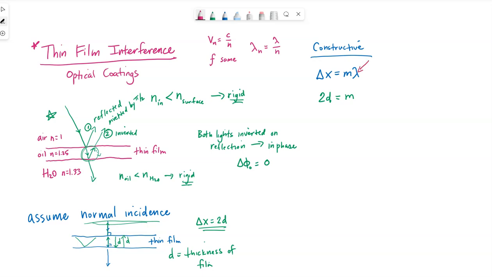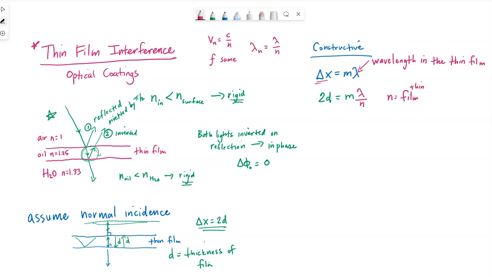In our equation, this wavelength needs to be the wavelength the light has in the thin film, the wavelength it has while it is traveling this extra distance. And so I'm going to go ahead and put lambda over n here, where n is for the film specifically.